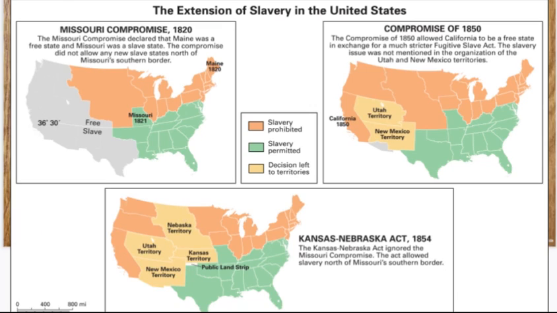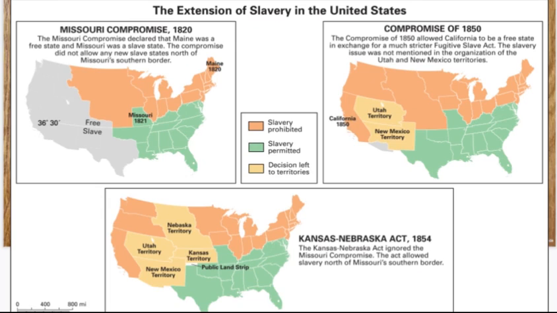So Missouri Compromise 1820 declared that Maine was a free state and Missouri was a slave state, and the compromise did not allow new slave states north of the Missouri southern border. So that's that 36°30' line that we'll get into in just a moment. The Compromise of 1850 allowed for California to be a free state in exchange for the Fugitive Slave Act to be much stricter.